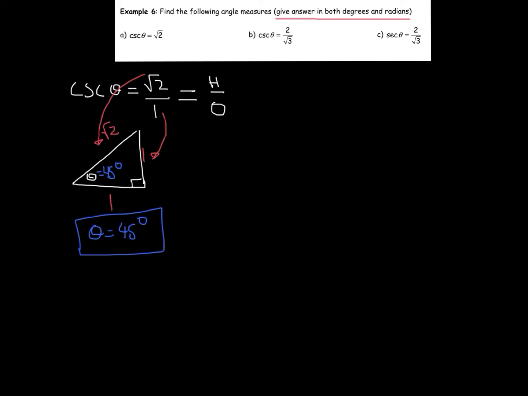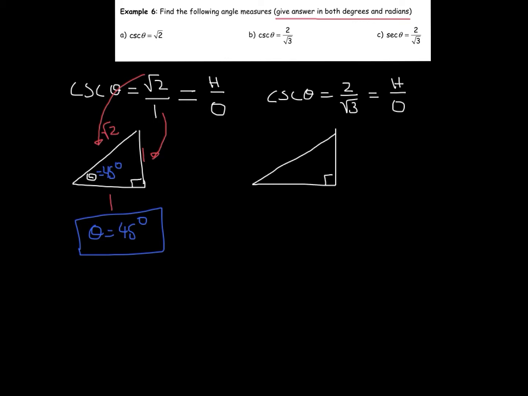All right, so letter B. Cosecant of theta is equal to 2 over root 3. Well, we just had this problem. Cosecant is the hypotenuse over the opposite. So once again, we're going to draw a triangle.